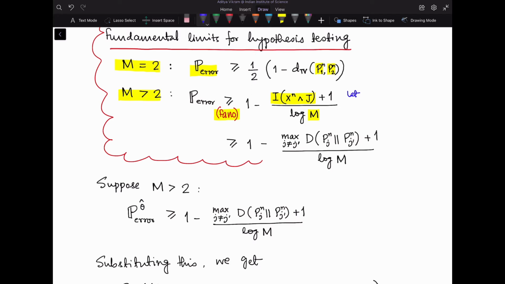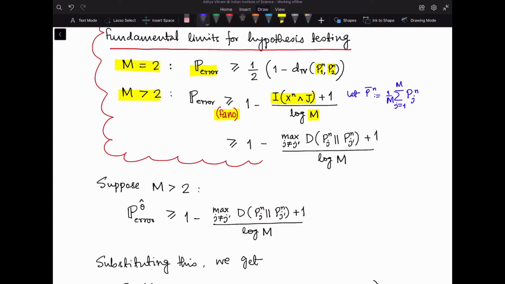So let this p bar n be defined as this average probability distribution. So this is basically the mixture of these product distributions p1 to pm.